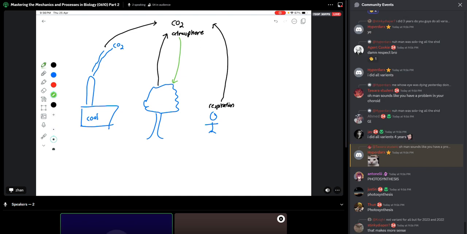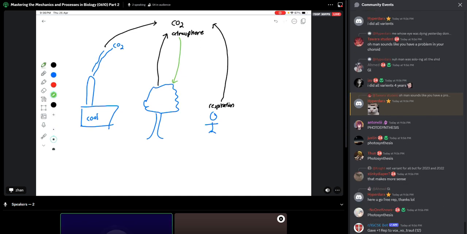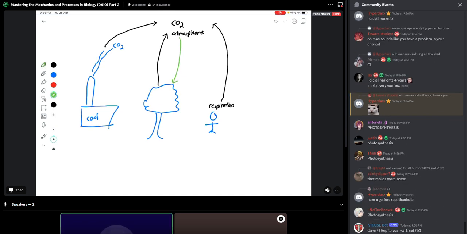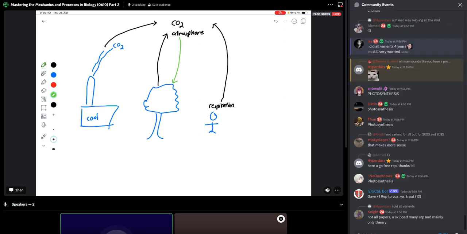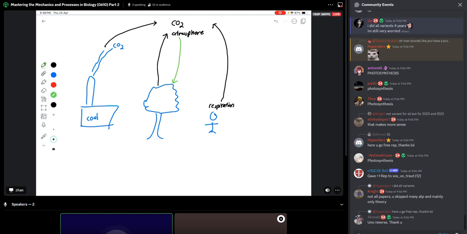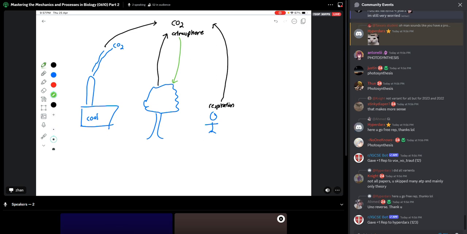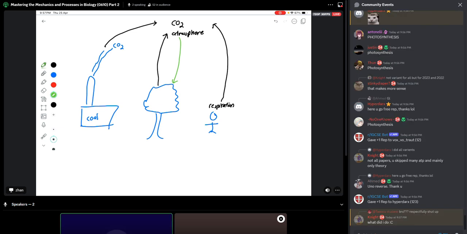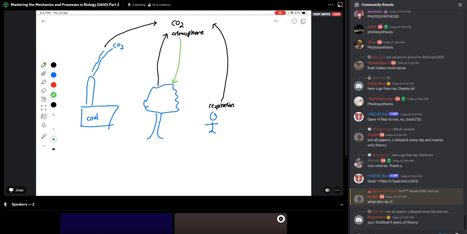Photosynthesis. Correct. So does this make sense? This is a very simple diagram. The carbon cycle is just the circular function of how CO2 is released to the atmosphere, and the only process that can absorb carbon dioxide is photosynthesis. That's it. Okay, that's all.